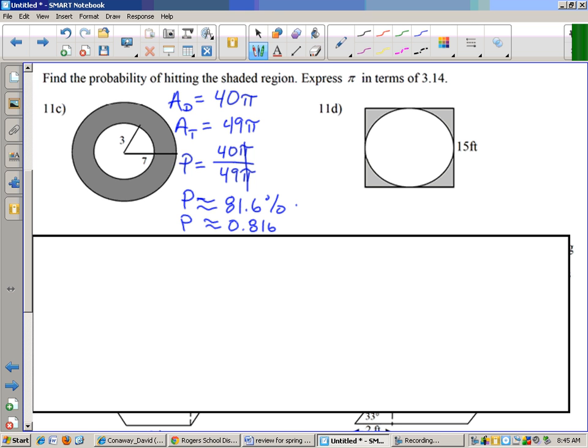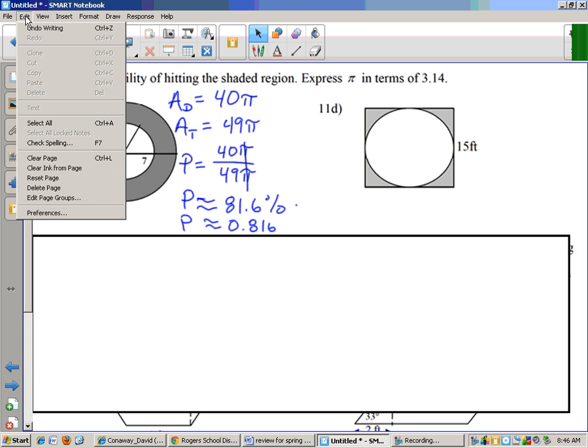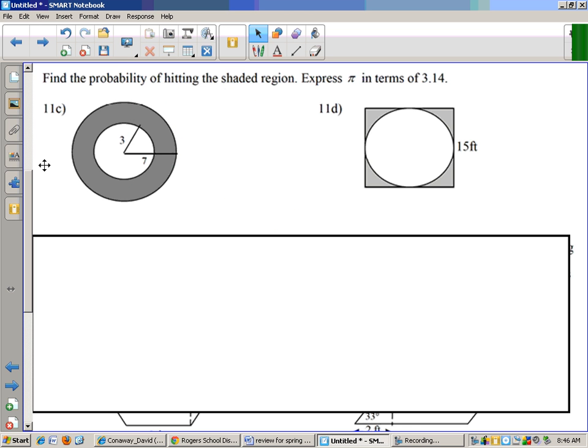Okay, so number 11D. Here we've got the area of this leftover, the area of this cutout is going to be the area of a square minus the area of a circle is equal to the area that we want.